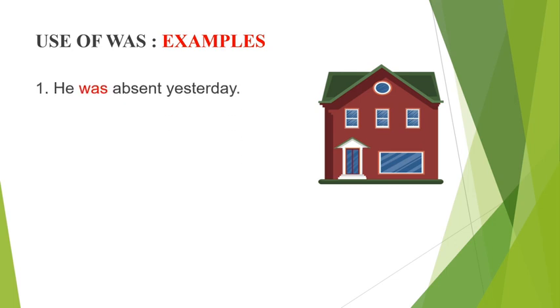Here, the first example says the sentence is he was absent yesterday. So what do you see? He. He is what? Your third person. And with this third person singular, was is used. He was absent yesterday.